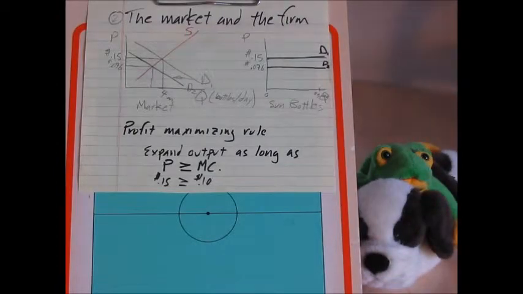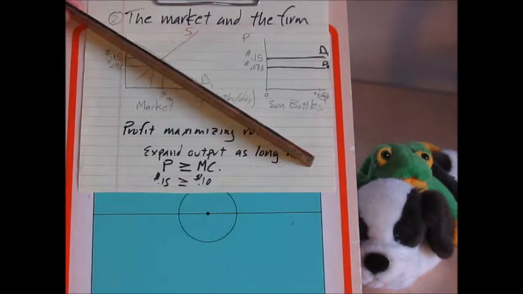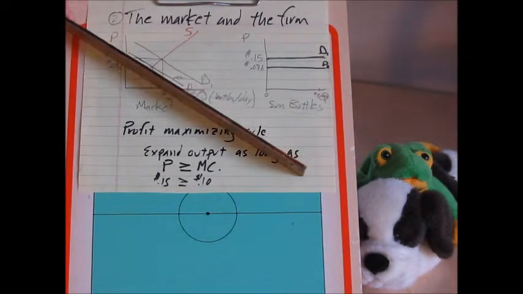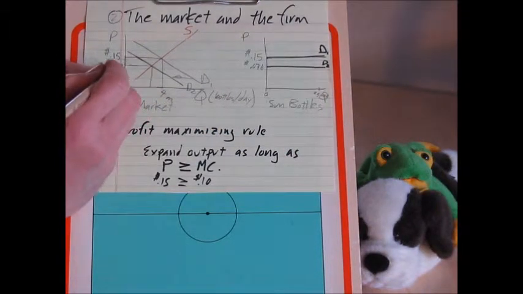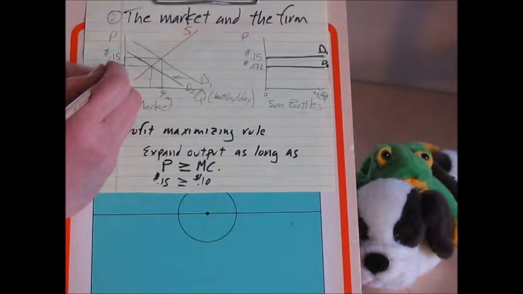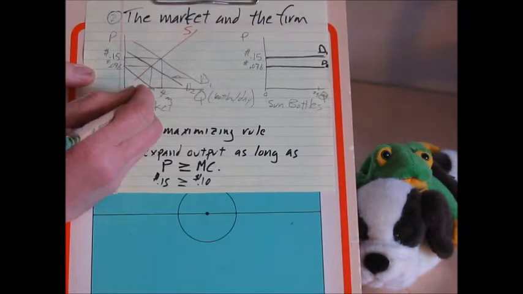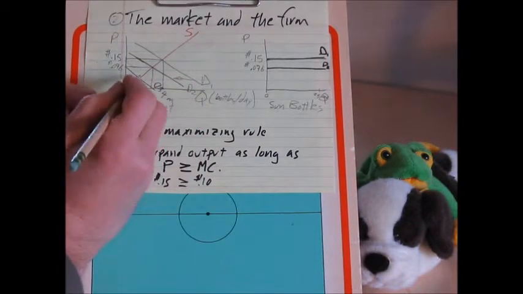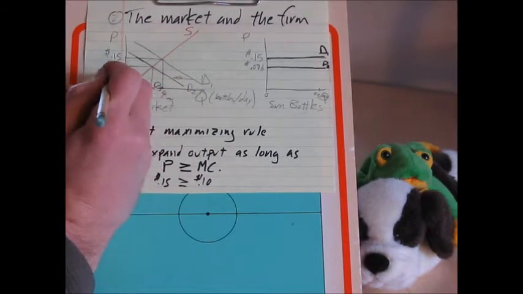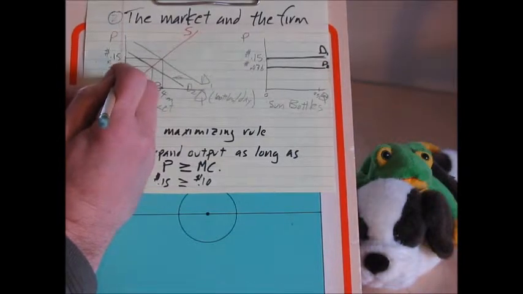So let's think about how Sun Bottles could handle a worsening of the situation in their market. Suppose the demand curve shifts in even further so that the price falls. So here's our new demand curve, D3, a new equilibrium price, let's say it's 5 cents.